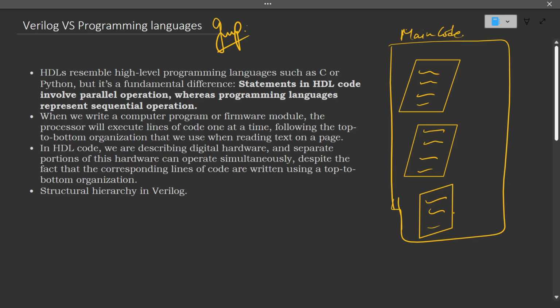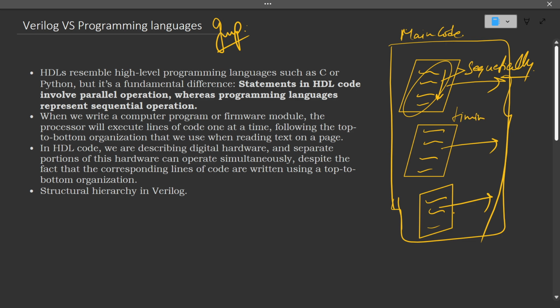So what might happen is, these codes will be executing in parallel and the internal code in them will be executing sequentially. So that's the beauty of Verilog. It executes in parallel and internally also executes sequentially at the same time. The timing constraints are also there in this language, which are mimicked. The delays and everything else are not there in the traditional programming languages.